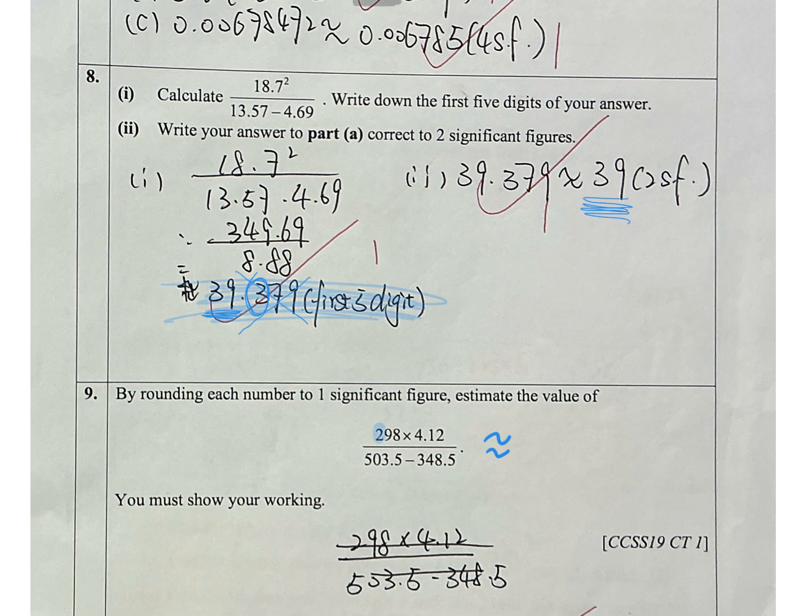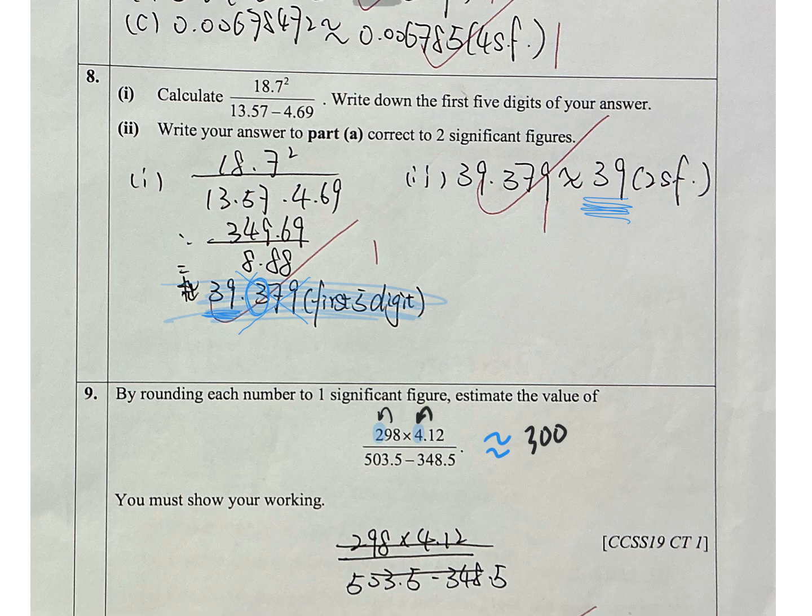Wing Yu, 298. If I round off to 1SF, what I get? 298 round off to 1SF become what? Yes, 300. TJ. 4.121 SF. What do I get? 5.